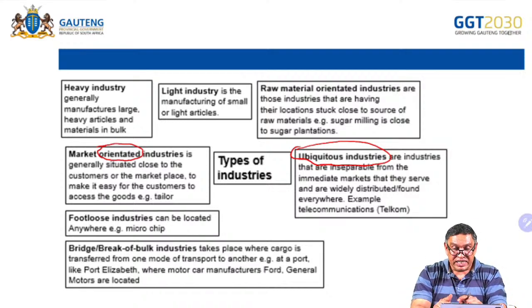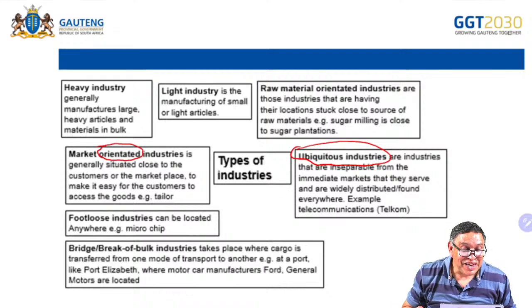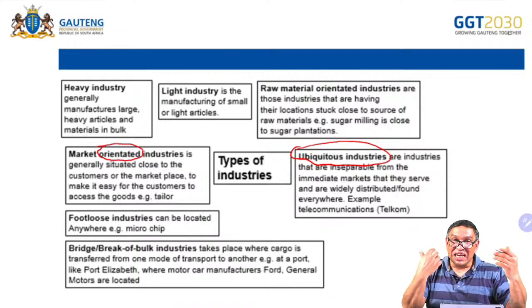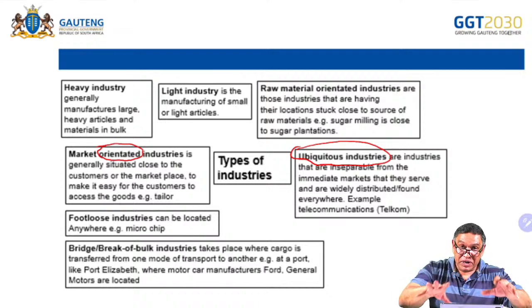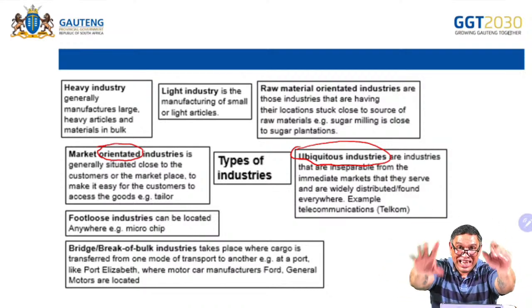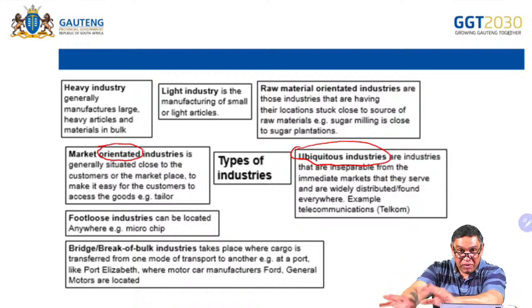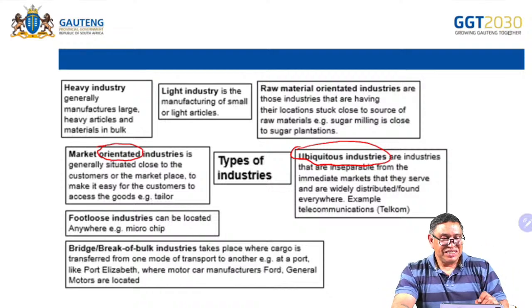Market orientated means it's near the market. Like your tailor shop needs to be there. Okay, it needs to be marketed. People need to go there, all right, and it needs to be visible. Your bakery will be nearer to the market, okay? So market orientated.